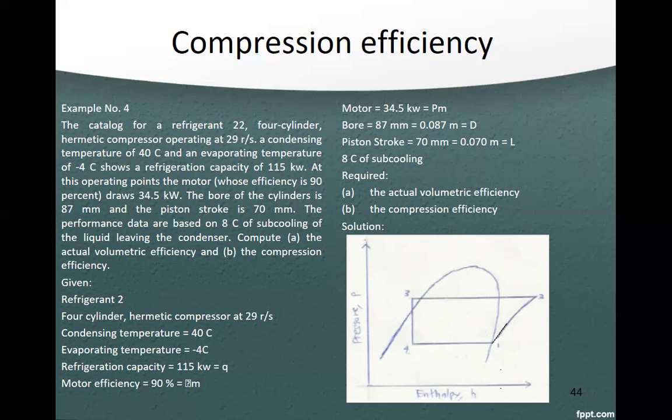At these operating points, the motor, whose efficiency is 90%, draws 34.5 kilowatt. The bore of the cylinder is 87 mm and the piston stroke is 70 mm. The performance data are based on 3 C of subcooling of the liquid leaving the condenser. Compute A, the actual volumetric efficiency, and B, the compression efficiency. So given is refrigerant 22.